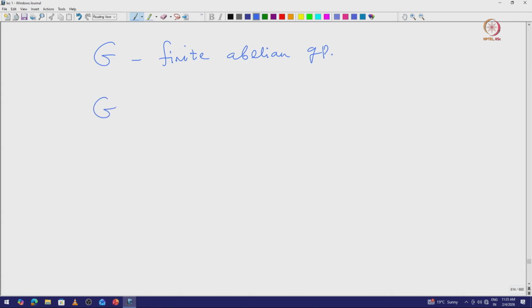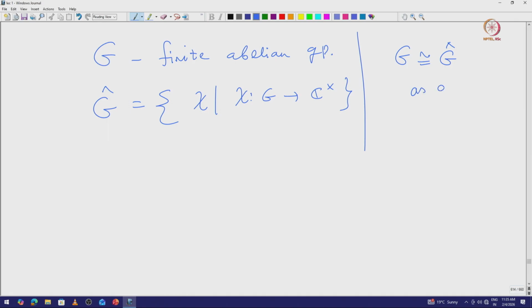Then G hat is nothing but the one-dimensional characters from G to C cross. We already proved that G is isomorphic to G hat as a group, so there is no difference between G and G hat. This is indeed what is called the dual group.